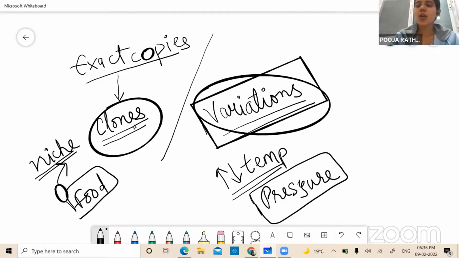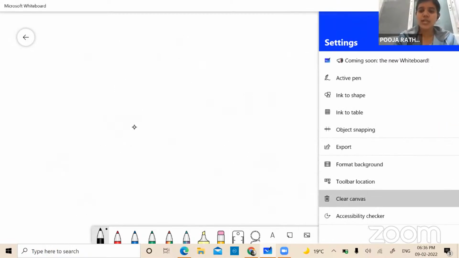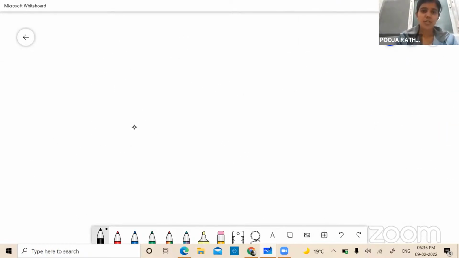Now we have understood what clones, the exact copies, and variations are. Now we will understand the types of reproduction. Reproduction is mainly of two types, which I said earlier: sexual and asexual.